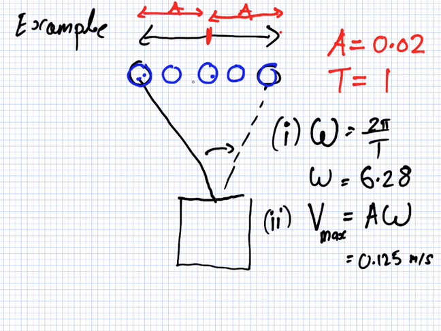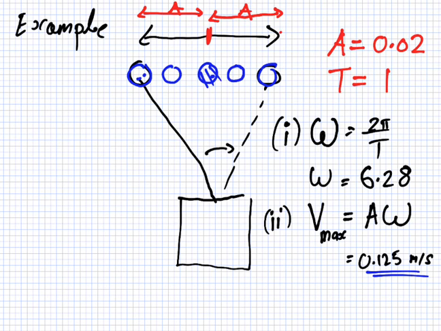Because if you think about it, it'll slow, stop, and then go back. Faster, faster, faster, fastest, slower, slower, slower, stop. So right in the middle here is when it's going the fastest.